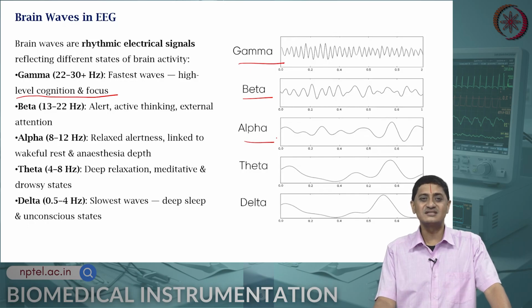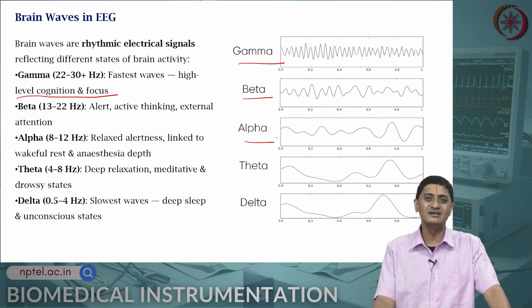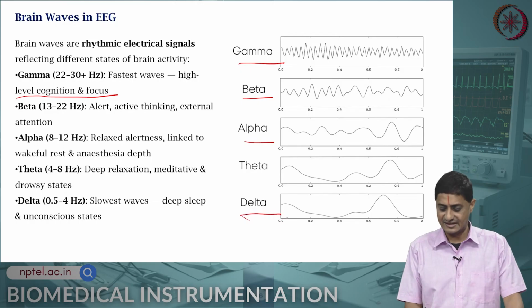Theta is deep relaxation, meditation, when you are meditating, when you are drowsy, very sleepy, those are the theta waves. And then you have the delta waves, which are the slowest waves, when you are in deep sleep or when you are unconscious, that is the delta.